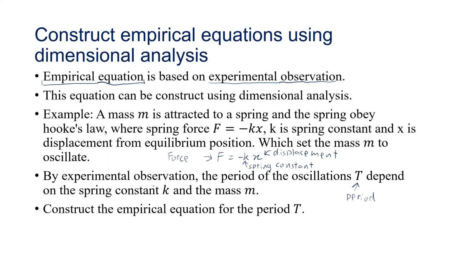That means if you use a different spring, which has a different spring constant, and hang a different mass on the spring, you get a different period of oscillation, a different T. So now we are asked to construct the empirical equation for this period T. Actually, what we are doing is relating the period T to k and m, the spring constant and the mass.